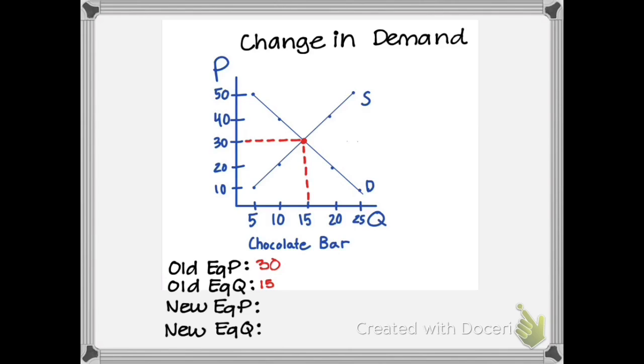In this case, an individual's income decreases. Therefore, the individual can afford fewer chocolate bars. Therefore, the demand for chocolate bars decreases. After the demand decreases, there is a new equilibrium point, right where they intersect.